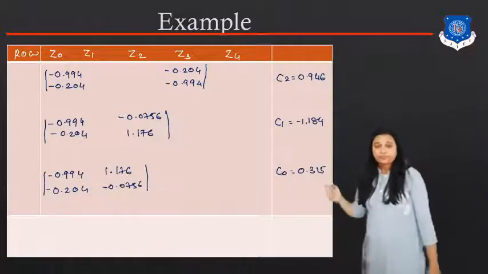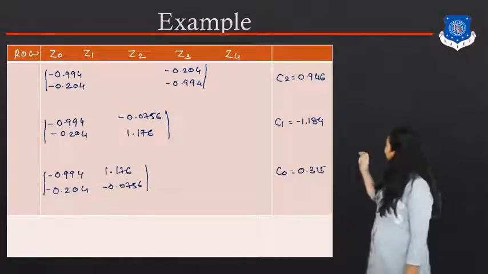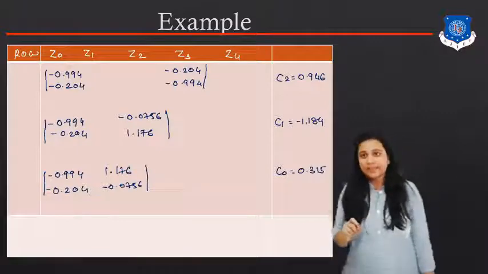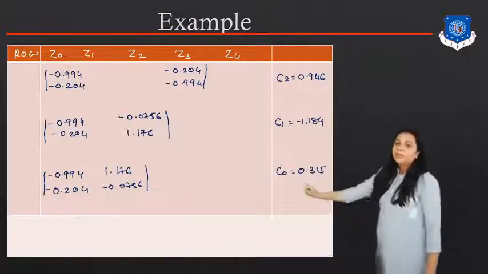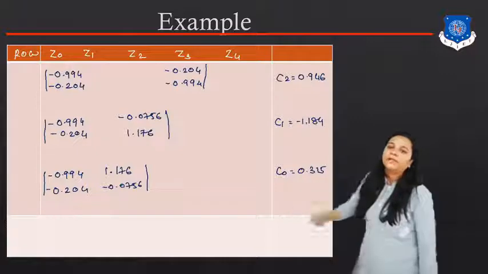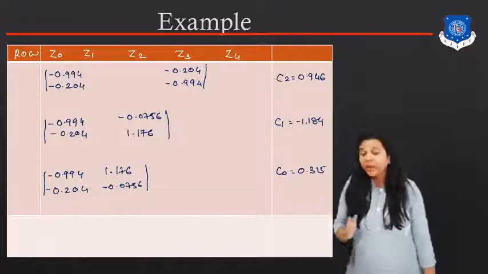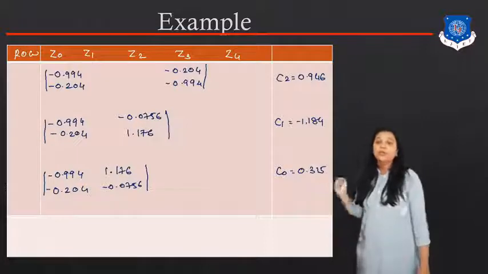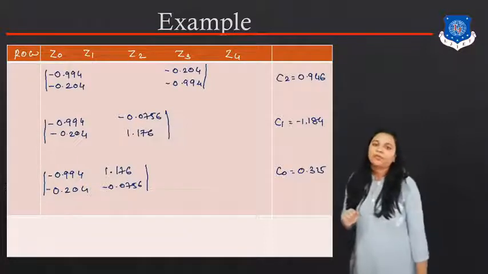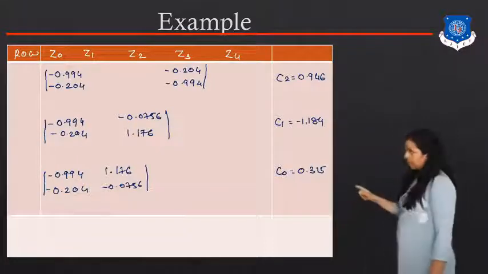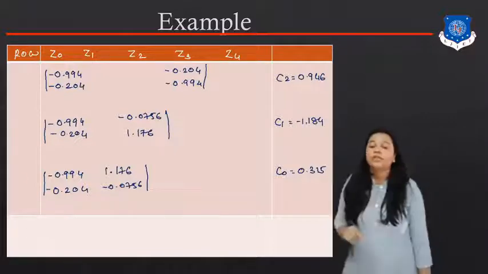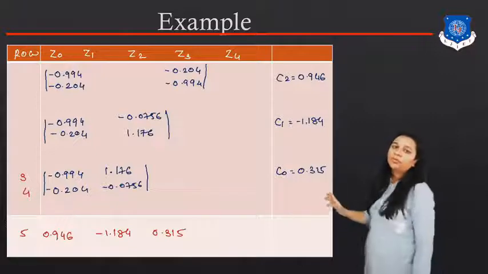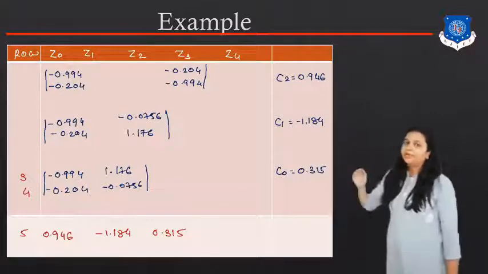And the last step is we have to find the C0. So the matrix of the C0 is minus 0.994, 1.176 and in the lower side minus 0.204 and minus 0.0756. So using this matrix we have to find the value of C0. Okay, now for the 5th row, simply we have to write the value of C2, C1 and C0.